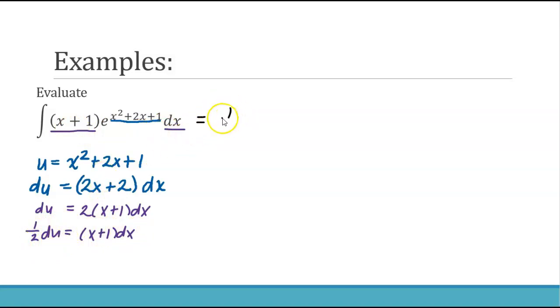Well, I'm going to keep that 1/2 in the front, and then the du in the back where the differential is, and then the actual integrand will now become e to the u. And that's it. So we got rid of x plus 1 dx by replacing it with the half du. We put the half here, the du here. And then this part became e to the u because x squared plus 2x plus 1 was just u.